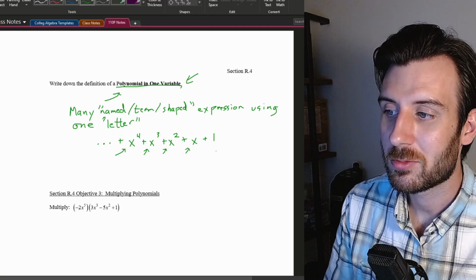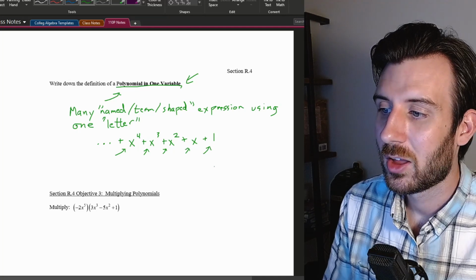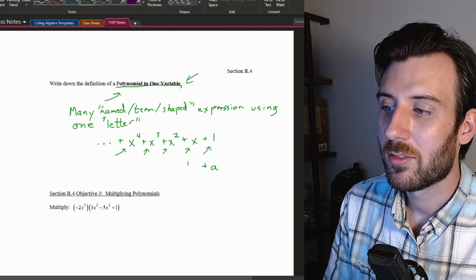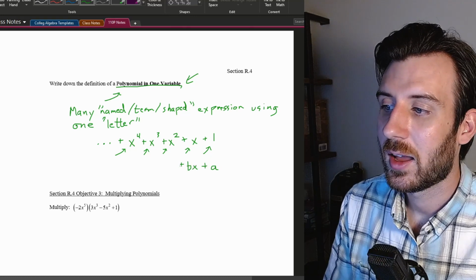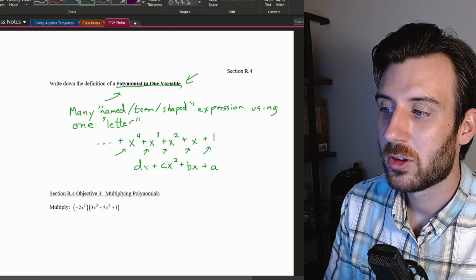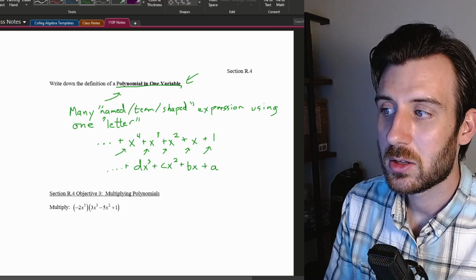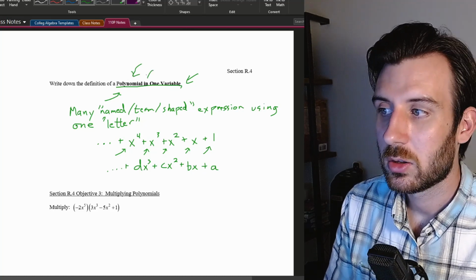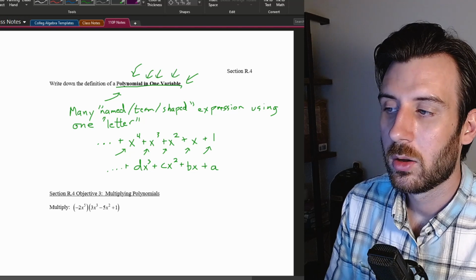No matter what amount you give me would be perfectly fine. That I have maybe a number of ones, I have b x, I have c x squares, I have d x cubes, whatever you want. That's still going to be a polynomial, a many named expression using one variable.